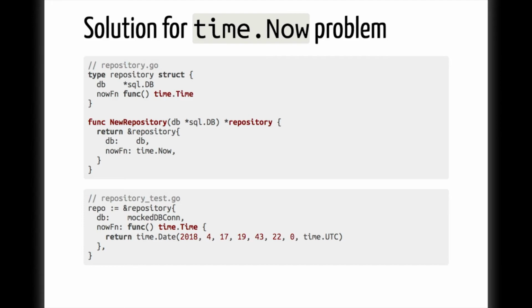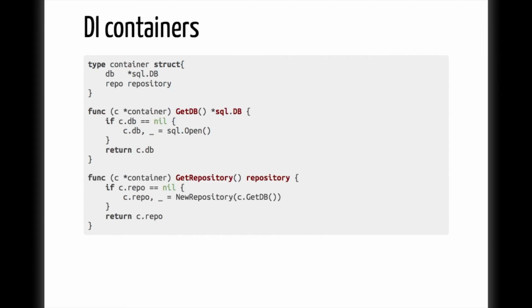But in the tests, we can simply have this function always return the same time. So basically, in the end, given the example of saving something to the database, we simply compare a query to a query that is expected, and that's all. And this way we have predictable output.